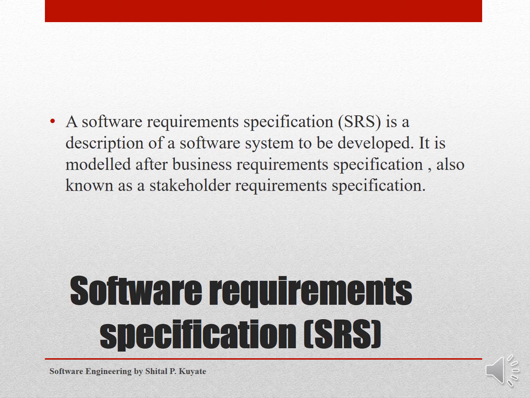It is a requirement specification for a software system and shows a complete description of the behavior of the system to be developed and may include a set of use cases that describe interactions the users will have with the software.